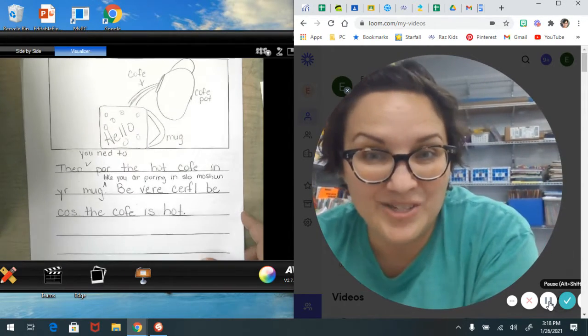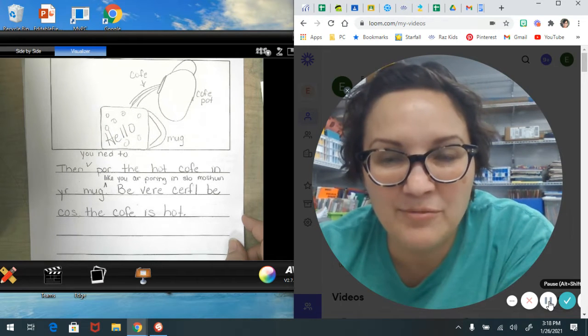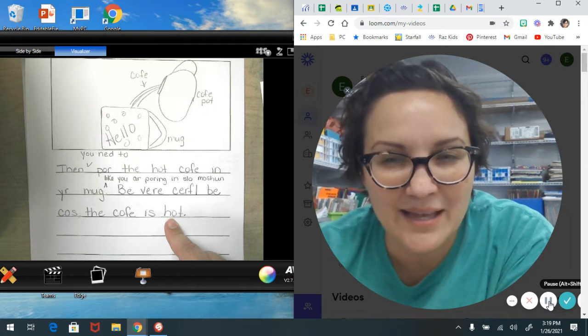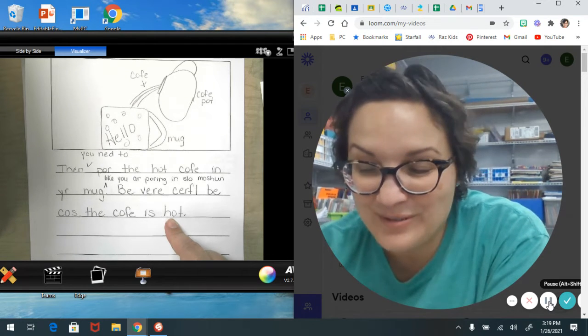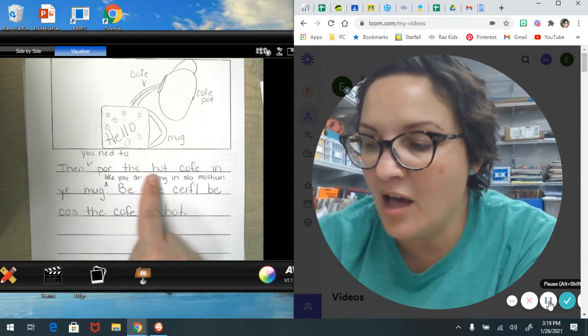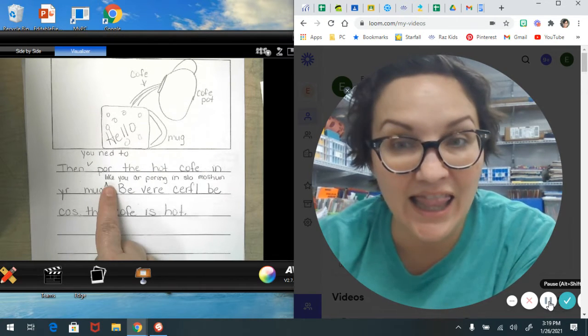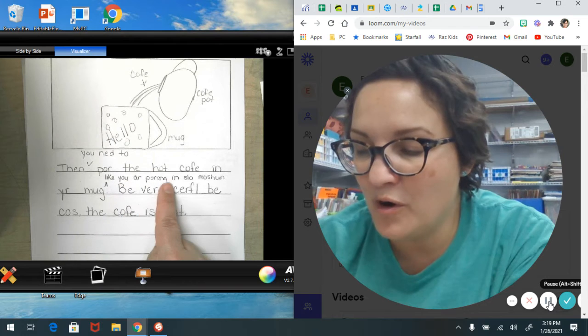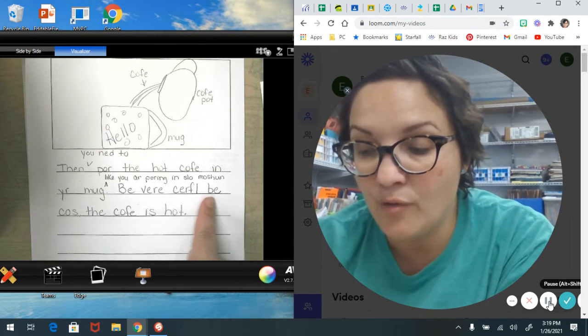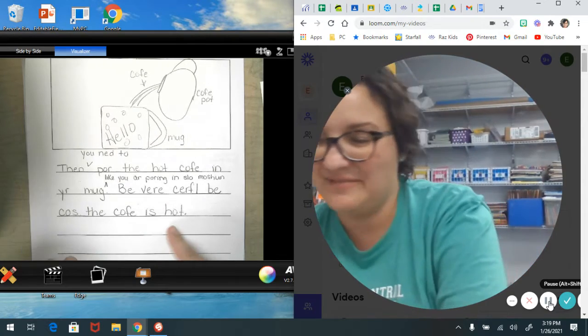And on this page, my friends yesterday helped me make better comparisons, and they had some amazing ideas that I used. Step 3. Then you need to pour the hot coffee in your mug like you are pouring in slow motion. Be very careful because the coffee is hot.